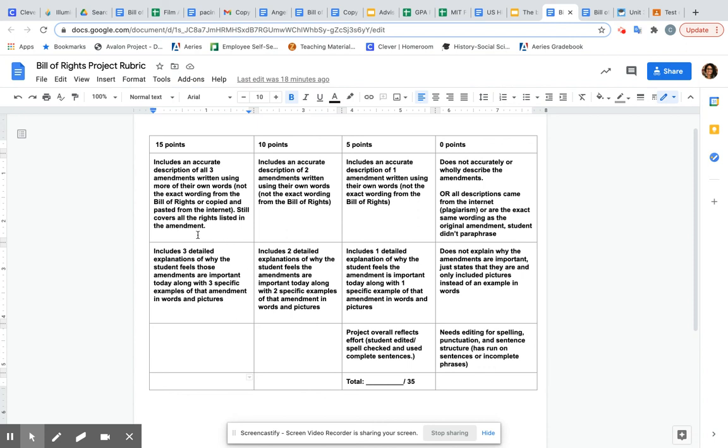And you included three explanations of why it's actually important, along with the examples of why it's important, or examples of the amendment in words and pictures. And so if you're not describing it accurately, it kind of goes down in the scale. Like, you only described two accurately, you only described one accurately, none of them were described accurately, or it's all plagiarized from the internet. And again, you get 5 points overall for just basic editing.